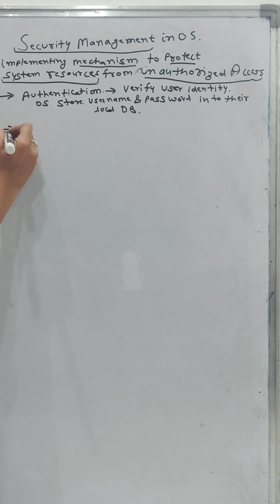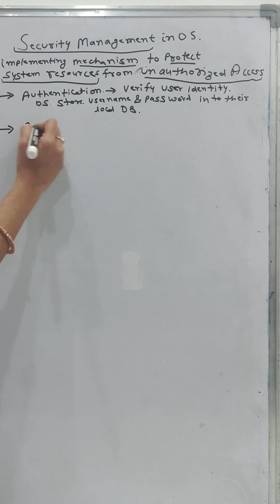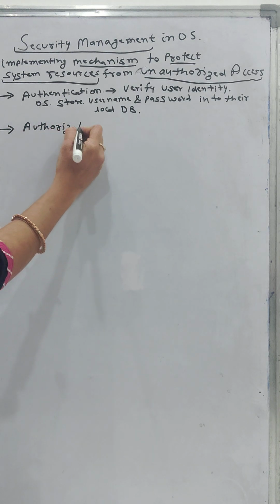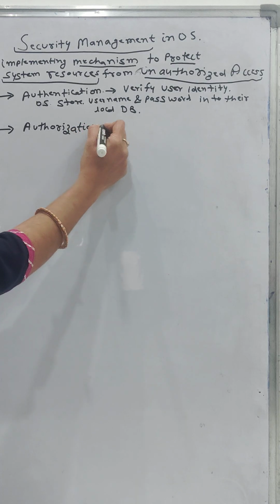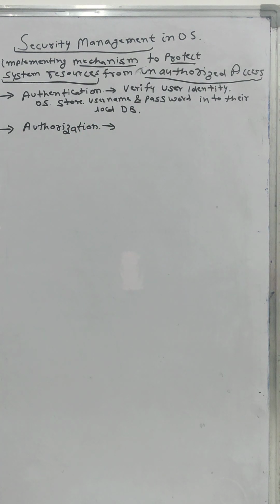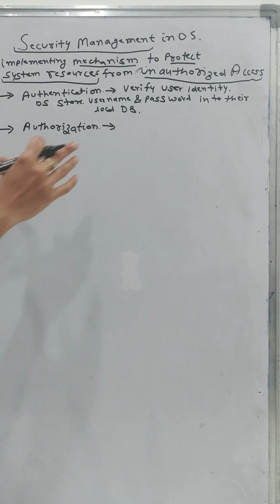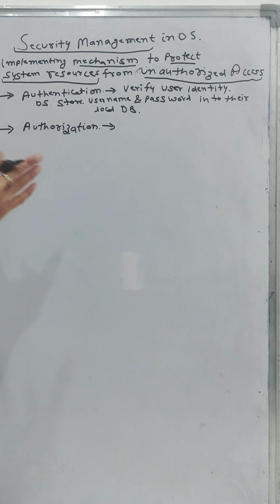Now the second one is authorization. After successful authentication, authorization will come. This authorization basically gives what all permissions the user will have. I'll tell a basic example.